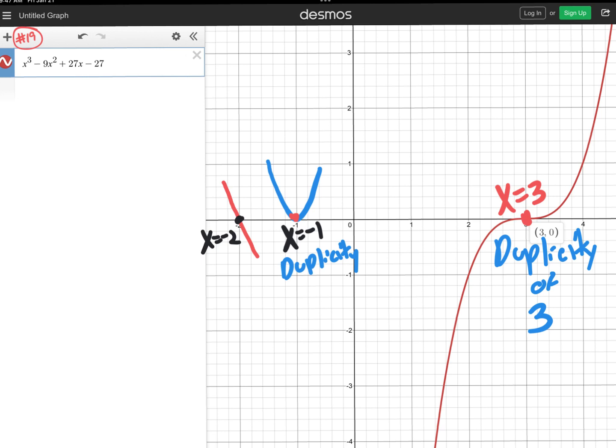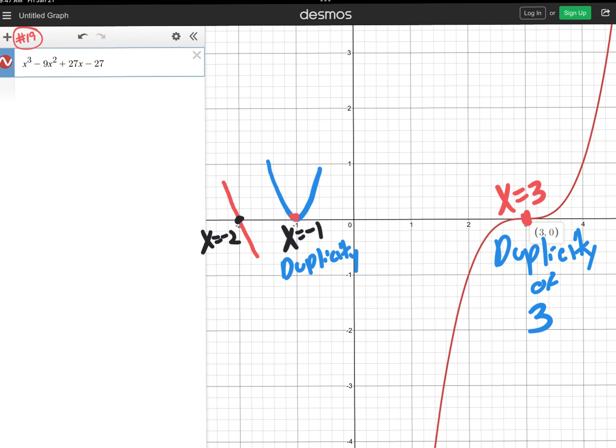But what I want you to do is just start relating that if it crosses like a line, whatever that x-intercept is, that's your single answer. If it touches on the x-axis, that's your answer, but it could be twice. Right? Technically, it could be 4 or 6, but this could be twice because it has a duplicity of 2.